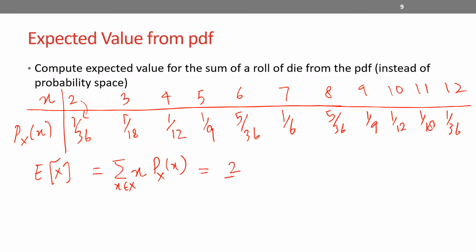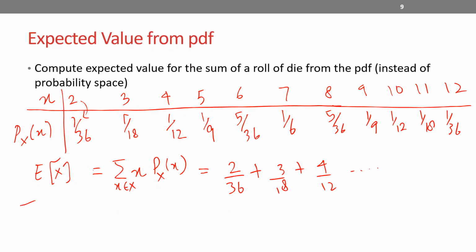For example, this will be 2 over 36 plus 3 over 18 plus 4 over 12 and so on. The idea is the same as we saw earlier when we were calculating from the actual probability space, because we have summarized the probability space in terms of the probability distribution function.